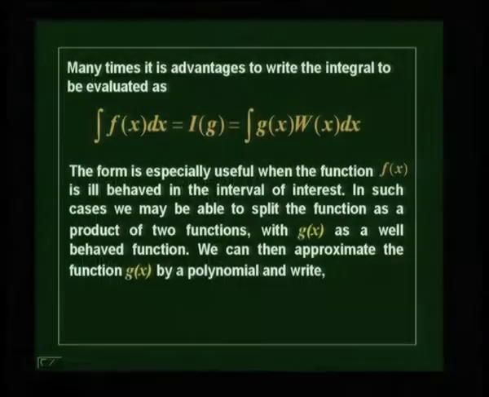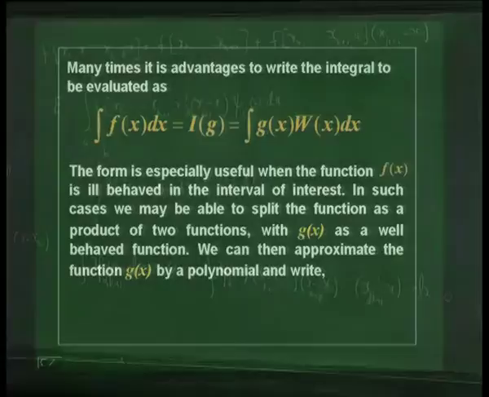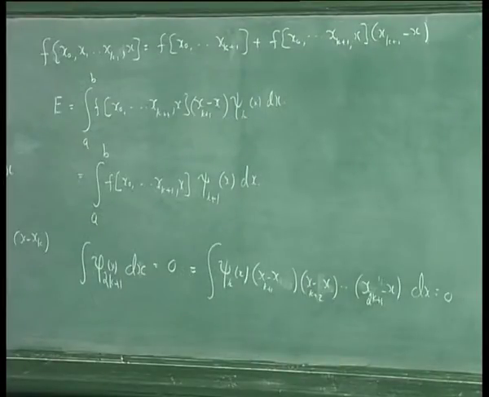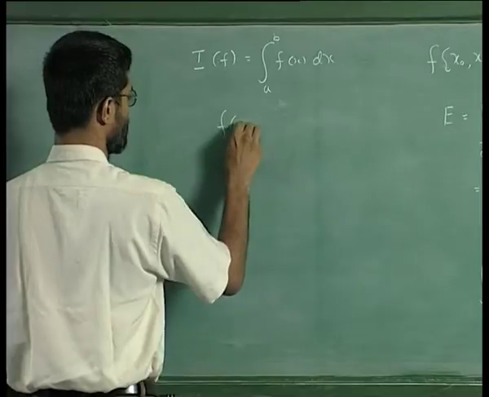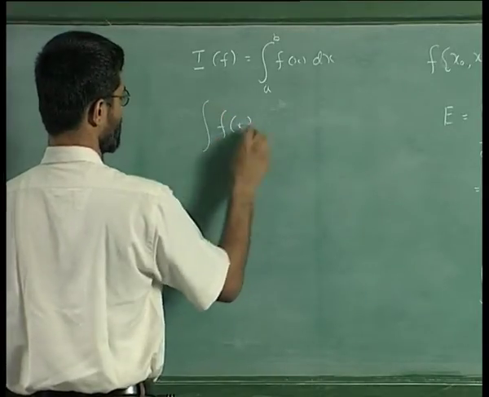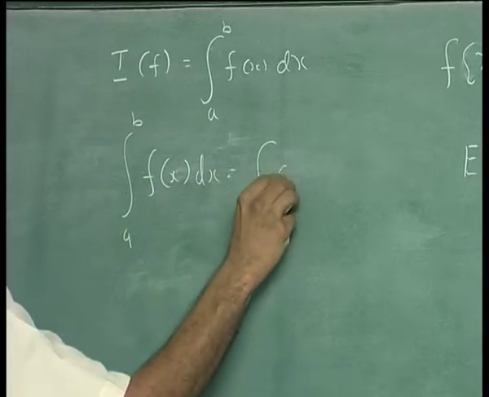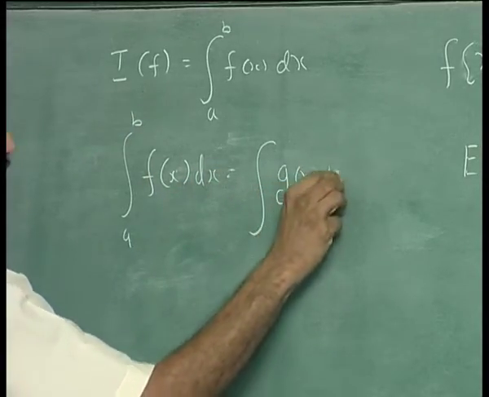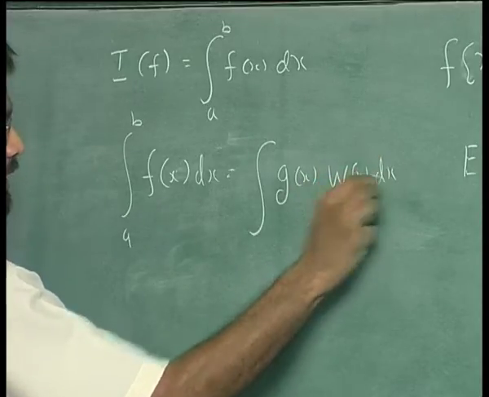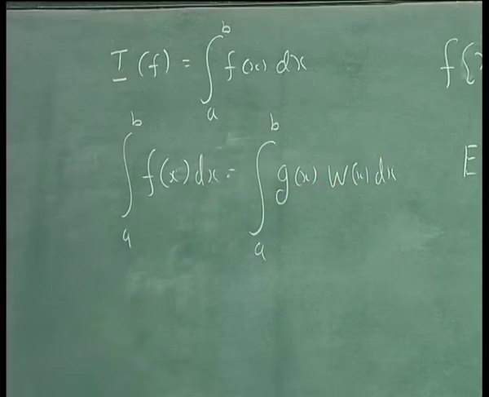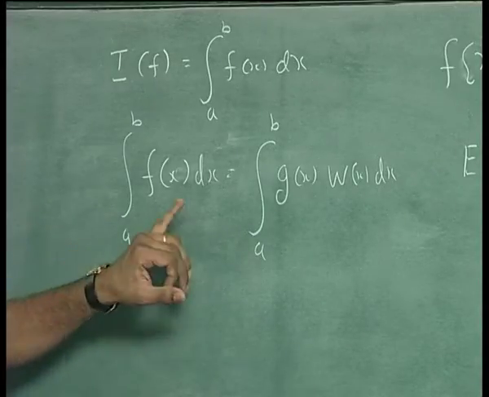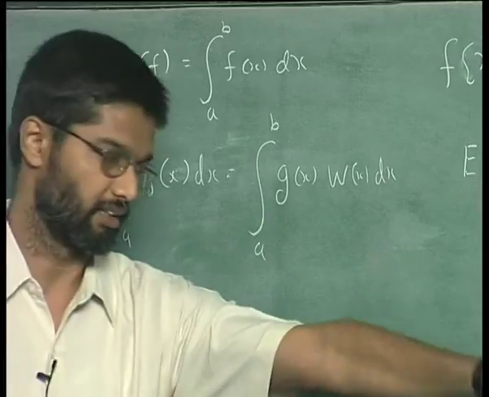For that, the first thing we do is to write this function f of x as a product of two functions. So, we are going to say the integral of f of x dx from a to b can be written as the integral of g of x into w of x dx between the limits a to b. This has a double advantage. One is that it is required for us to find the points.